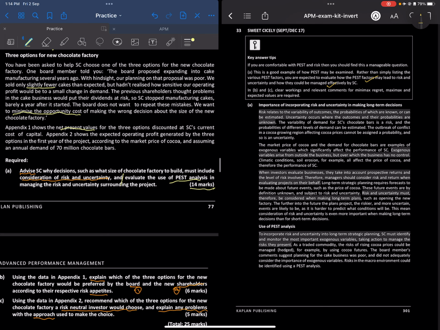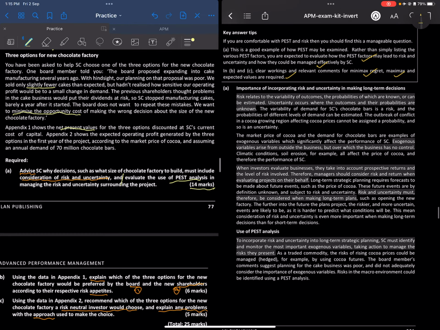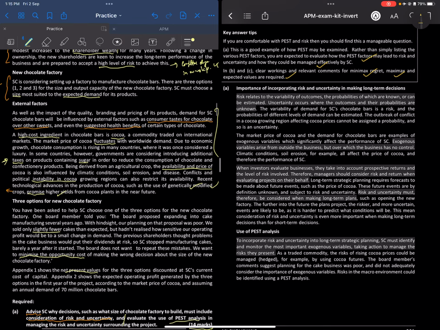So clear workings, and then minimax regret, right? Minimax regret in terms of the directives, maximax and then expected value. Okay, so importance of incorporating risks and uncertainty in long-term decisions. So risks in this situation is associated with what?